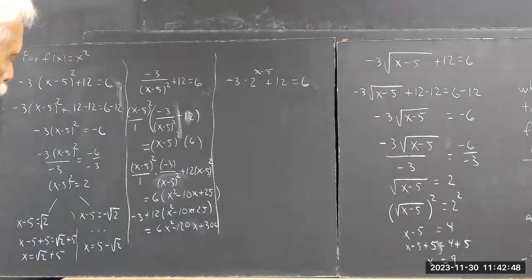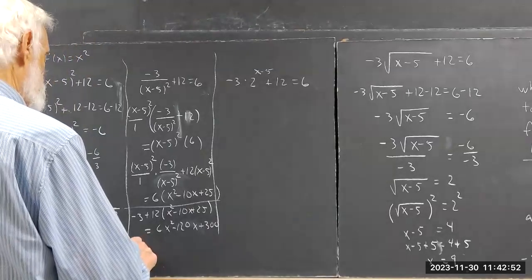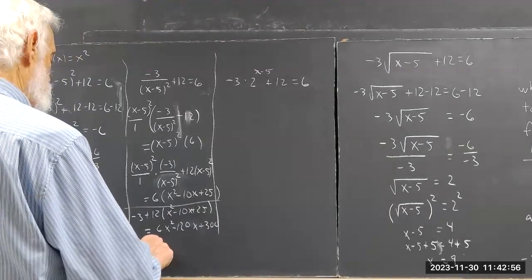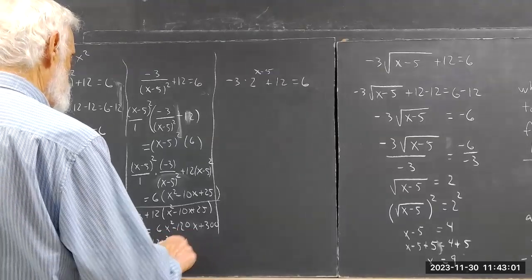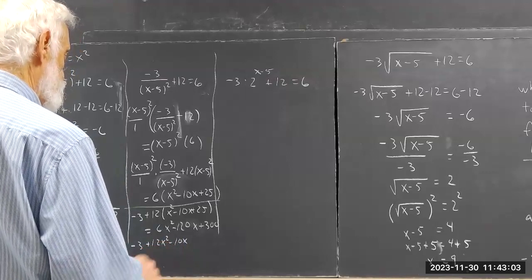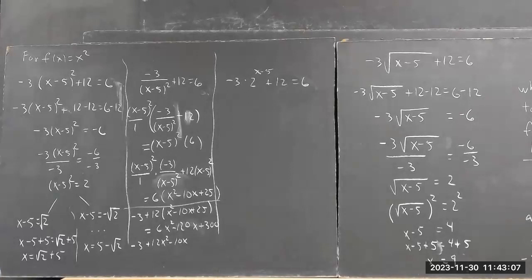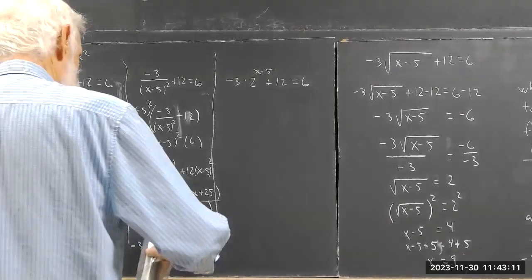Okay, well, this is getting to be fun, but it's really pretty simple what comes out of this. We have -3 plus 12x squared minus 10x minus... maybe I didn't sleep as well as I thought I did last night.